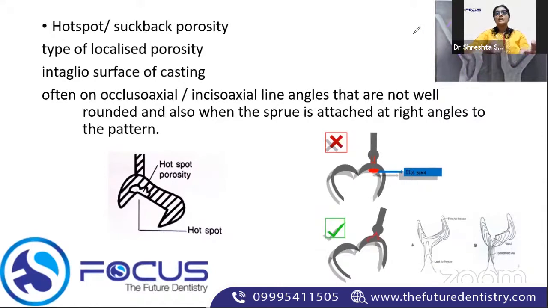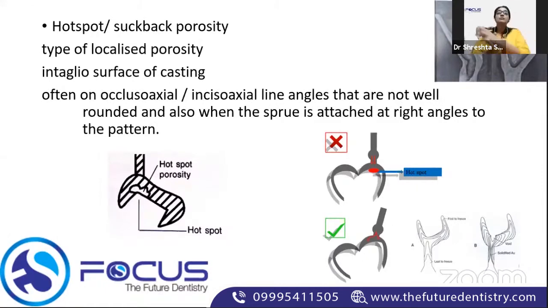Okay. So usually this happens at your occlusoaxial or your incisoaxial angles that are not well rounded. Okay, that are not very well rounded. And also, if you have a pattern where you attach the sprue at 90 degrees.